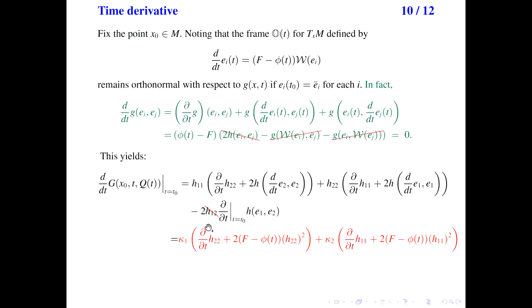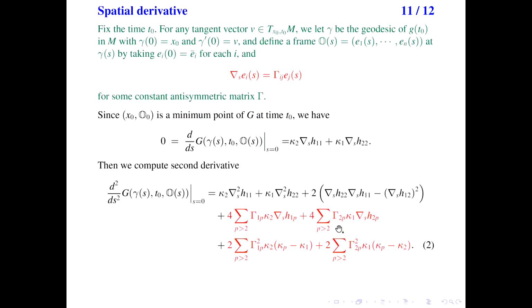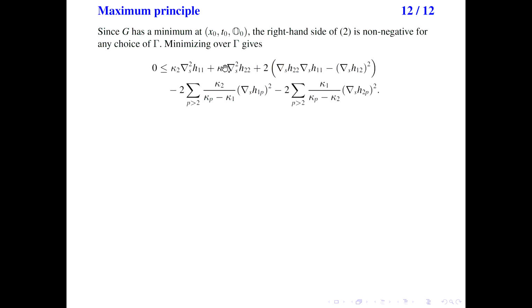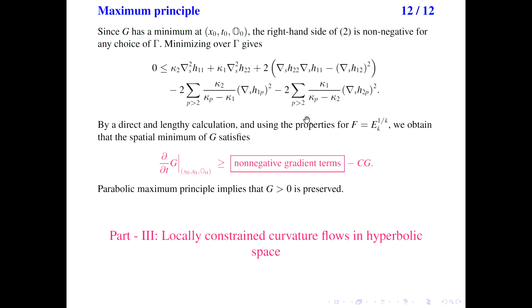From the evolution equation of the second fundamental form, this term and this term have some terms involving the second order derivatives of h_11 and h_22, which can be cancelled from these terms. So by direct calculation, and using some properties of the curvature function, we can obtain that the spatial minimum of the function capital G satisfies the following partial differential inequality.